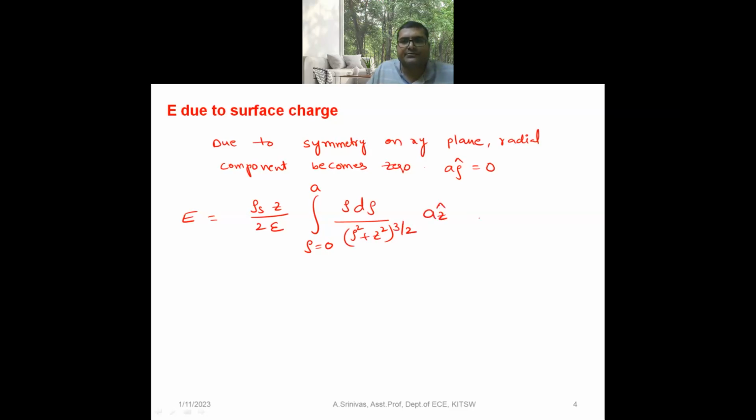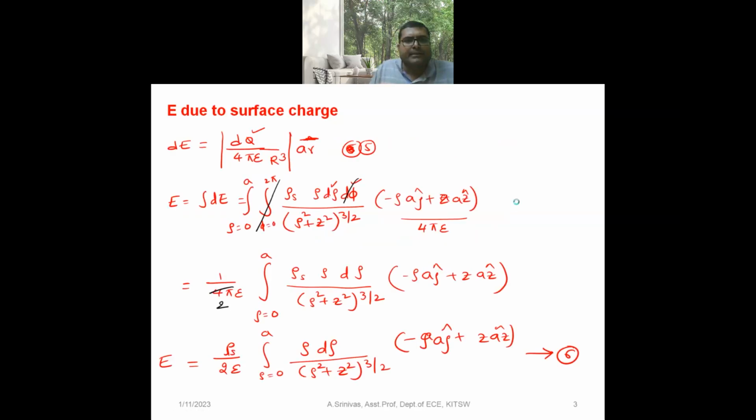Here the direction of az cap is perpendicular to the sheet of charge. In general, you can replace it with an cap also, to represent the direction of the resultant electric field, which is along the perpendicular direction with respect to the sheet of charge. It is equation number 7.